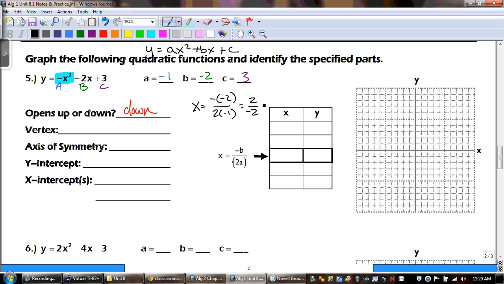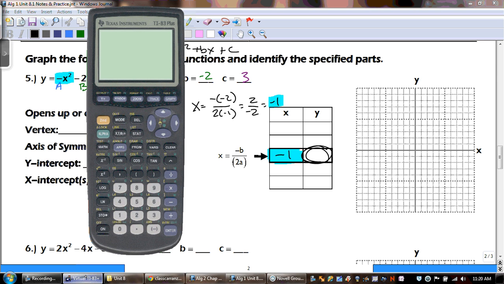And 2 divided by -2 is -1. And we're going to take this number right here, and that goes right in the center. So that's our first point, but now we need to plug it in to get the other point for the vertex.